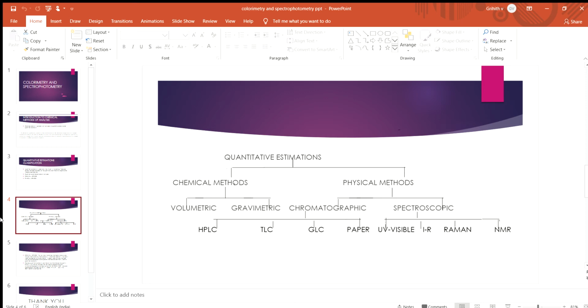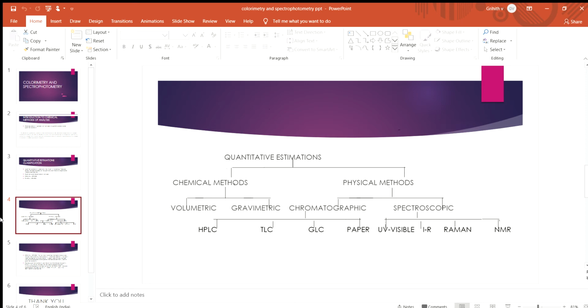You might not have done gravimetric methods of analysis in inter, and there is no need to mention them here. So directly I'll switch to physical methods of analysis.